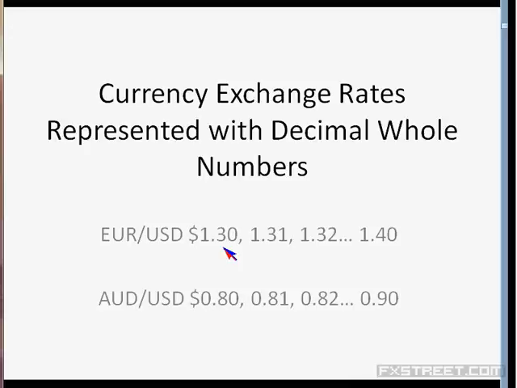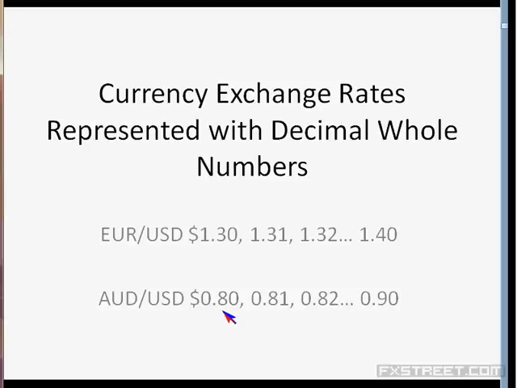On the other hand, an exchange rate of 0.80, or 80 cents, for the Aussie versus the US dollar currency pair would indicate that the value of 1 Australian dollar unit is less than 1 US dollar.